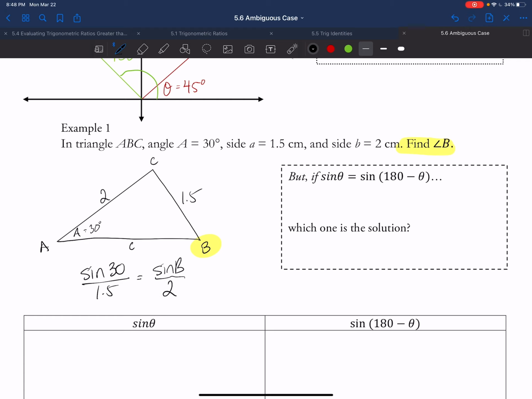I'm going to round to 42 degrees. So B is 42 degrees, which is what my calculator tells me.